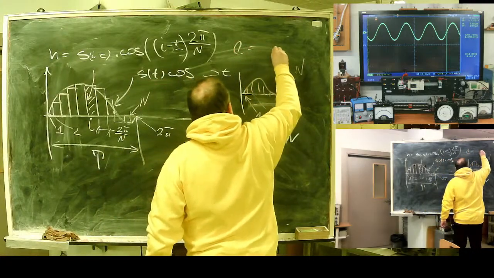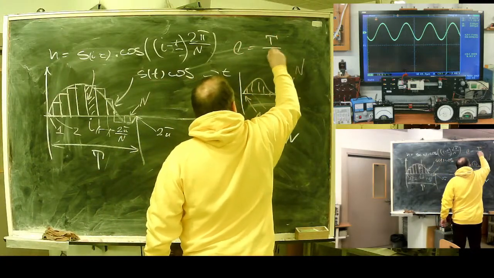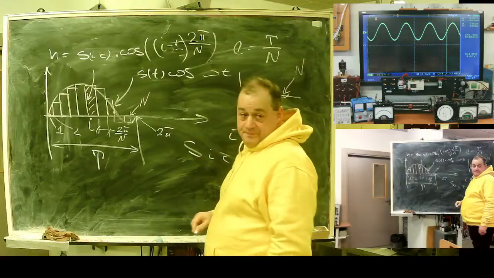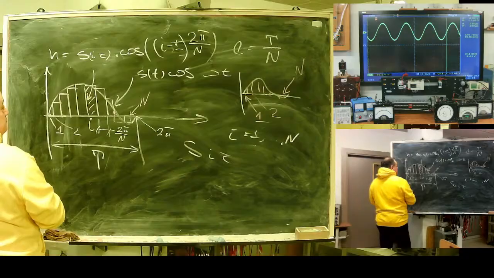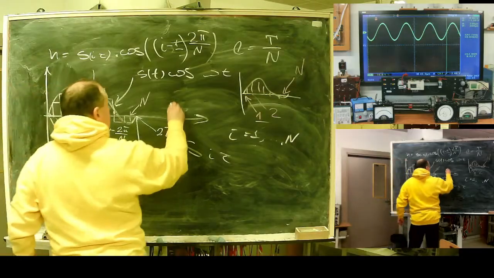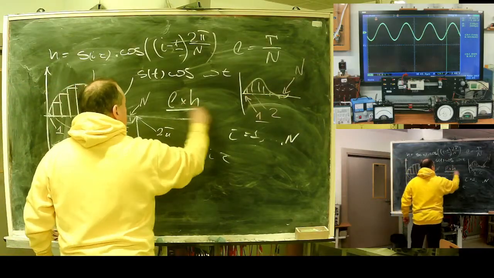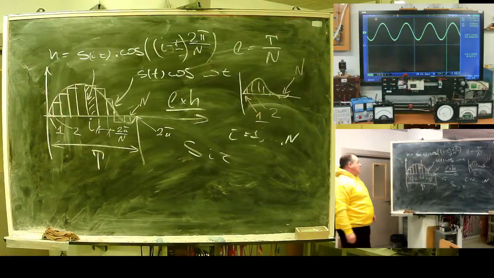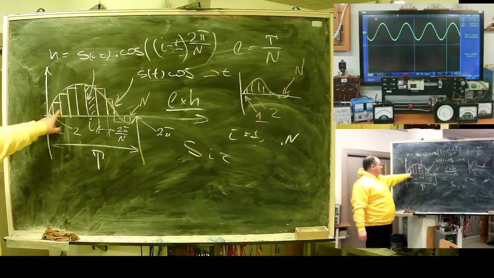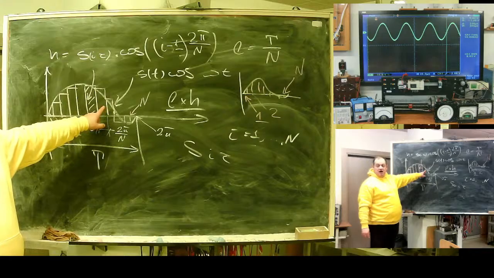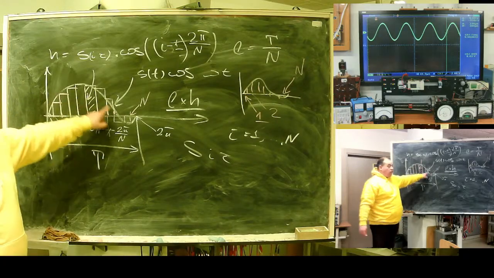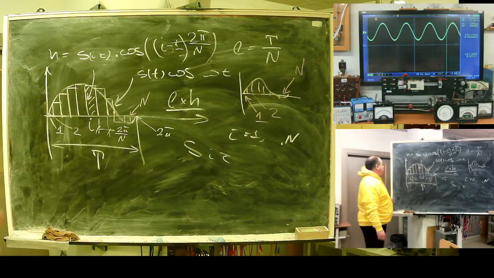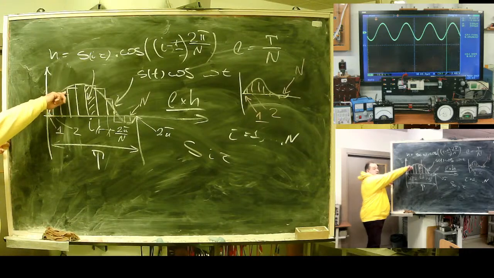L is the period divided by the number of points. Area is L by H. Now I can count all these rectangles together. This will give me, with some precision, the area of the white figure. With some precision, see here, I'm lacking.